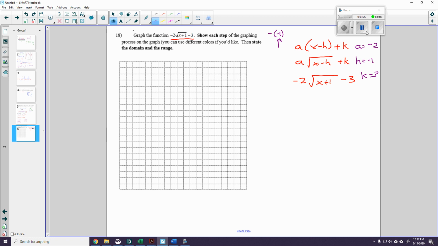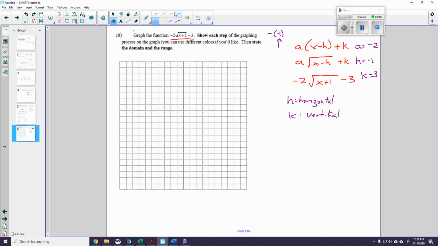And I'm also going to remind you that h stands for horizontal. So those will be my left and right shifts in the transformation. My k stands for vertical, which I write with a k so we can make the connection there. And those will be up and down transformations.